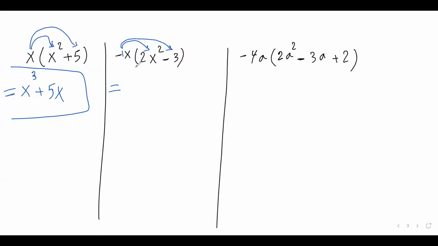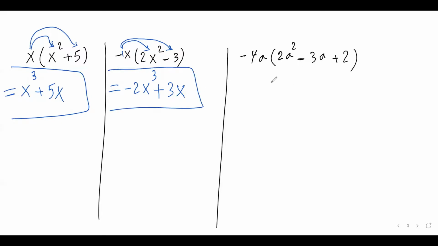So negative 1 times 2 is negative 2. x times x squared is just x to the power of 3. And negative x times negative 3, negative times negative is positive 3x. This is our simplified version of this expression.